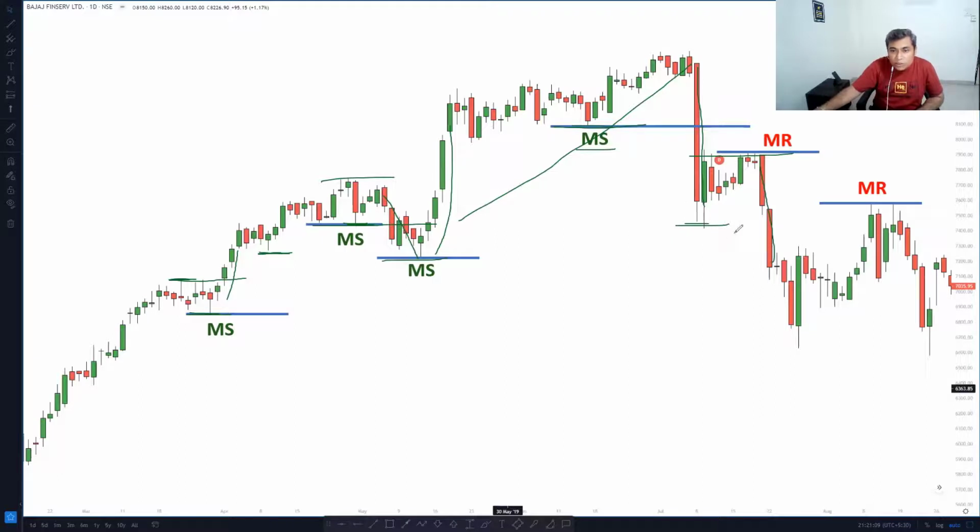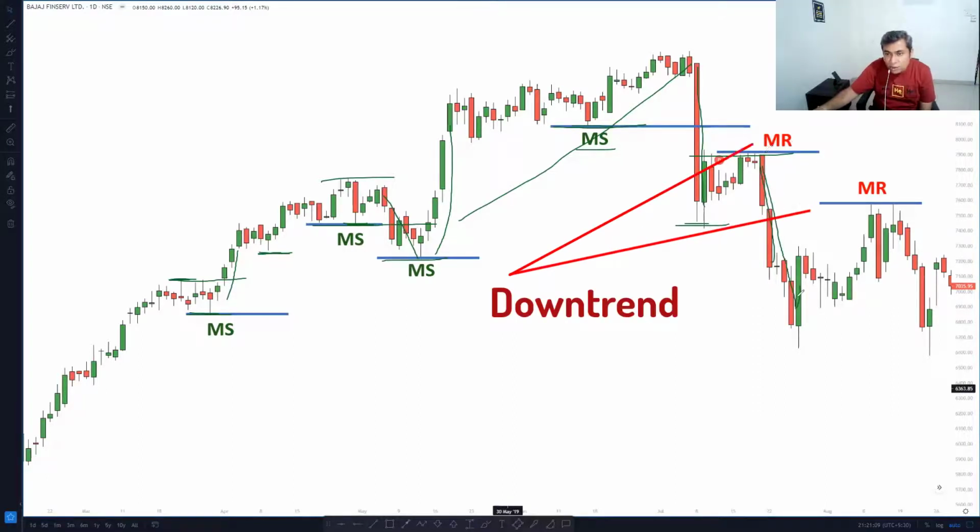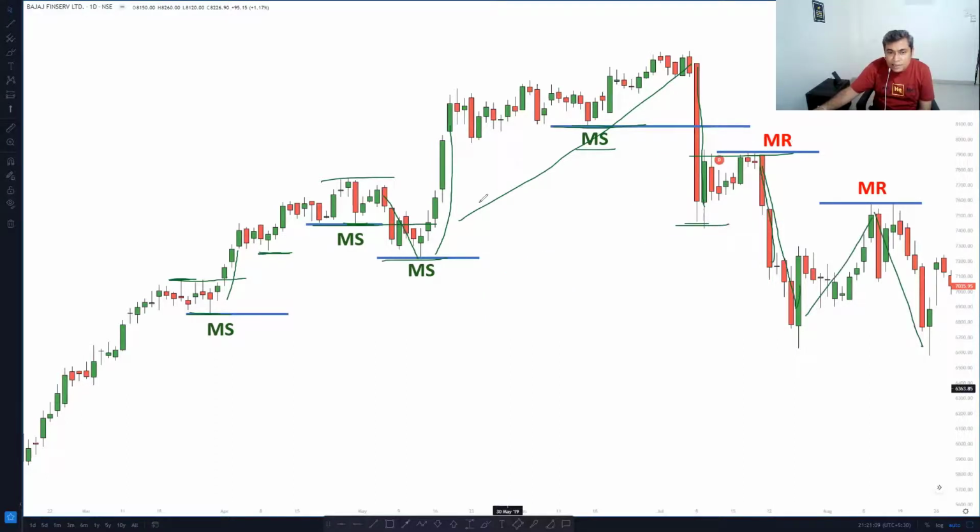This lower low means that not only has the uptrend ended, but we now also have a series of lower lows and lower highs. So the uptrend is over, we are now in a downtrend, and that is why we have major resistance areas forming in this downtrend, right?